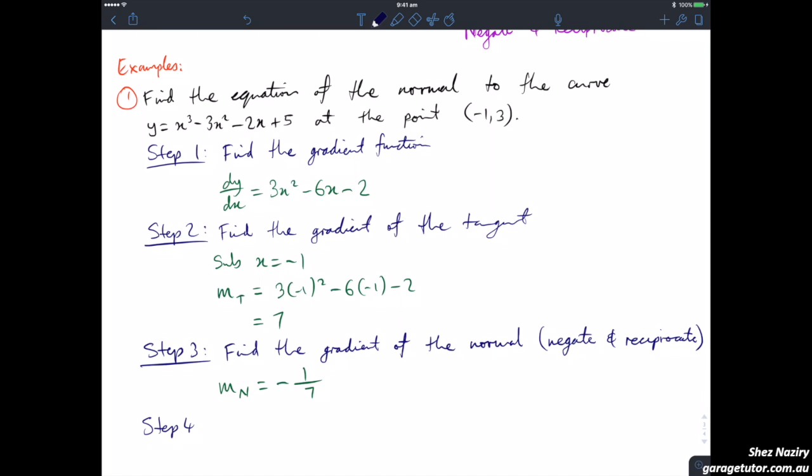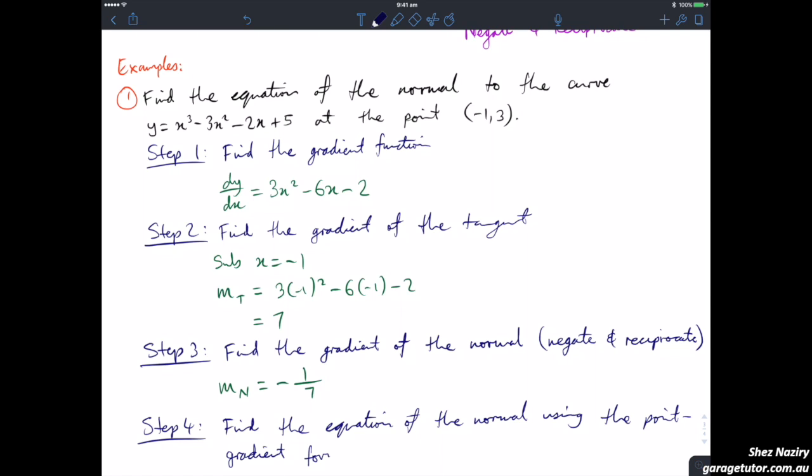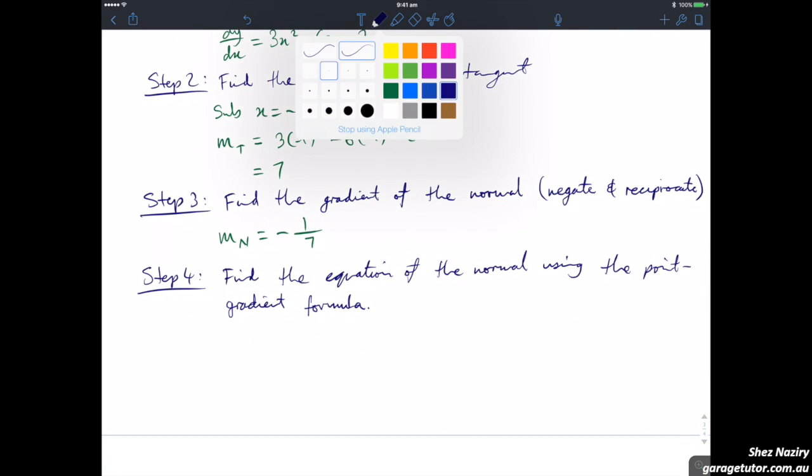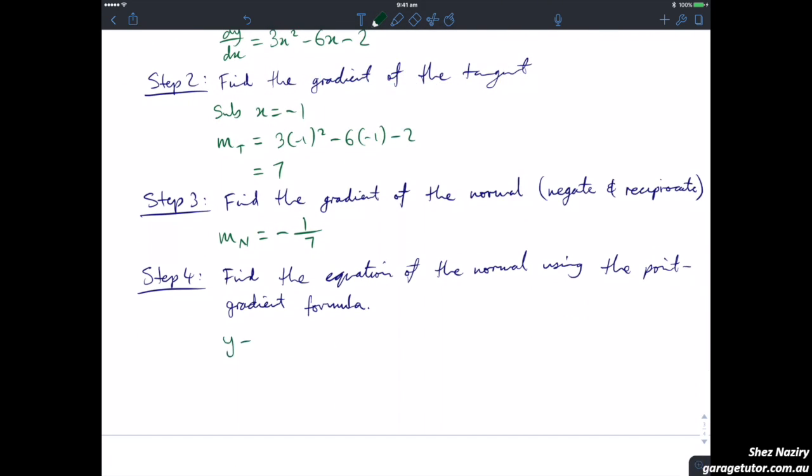We good so far? Now we find the equation of the line. So we're using the point gradient formula. Alright, so y minus y1.